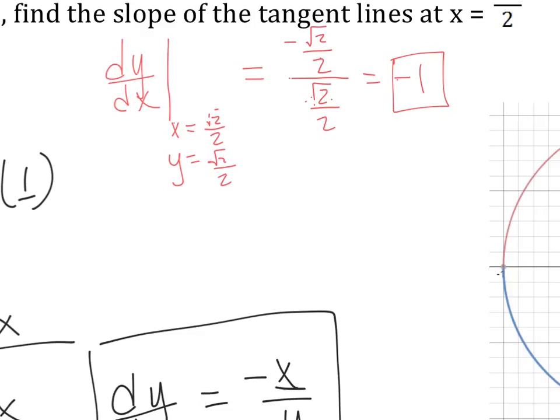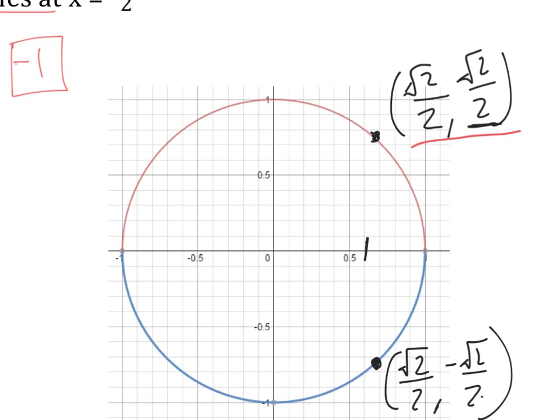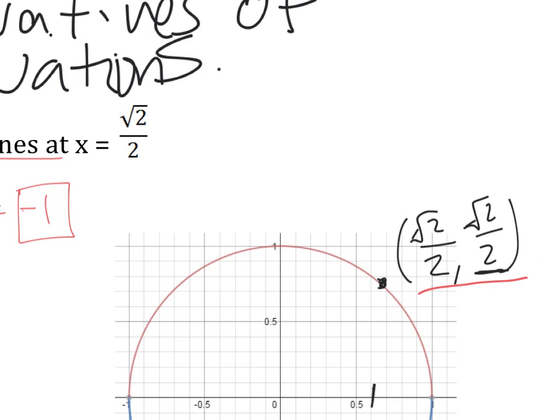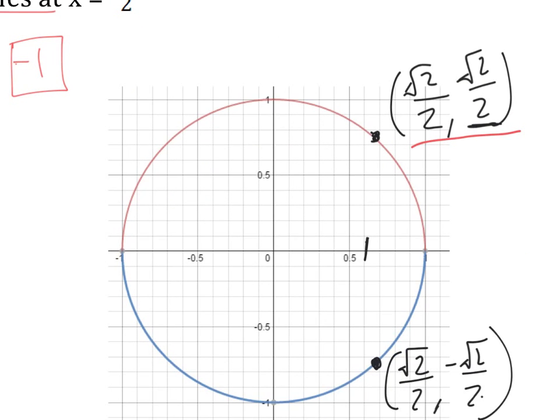This is the slope of the tangent line at this point, x equals square root of 2 over 2 and y equals positive square root of 2 over 2. So if we look at our graph and draw a tangent line at this point, it's going to have a slope of negative 1.